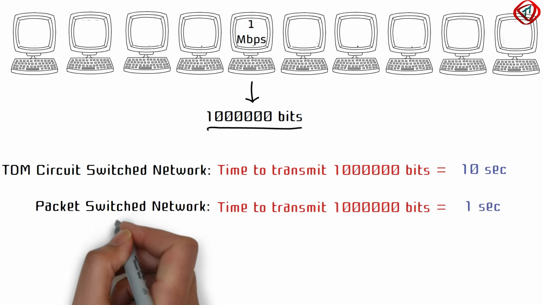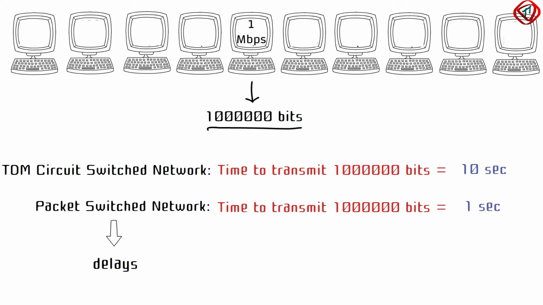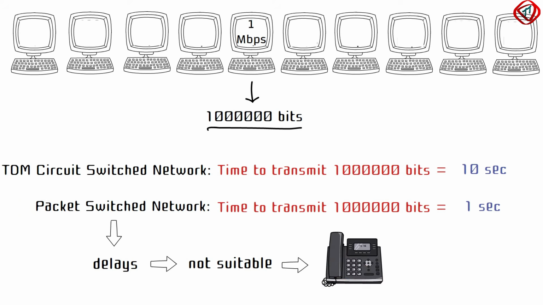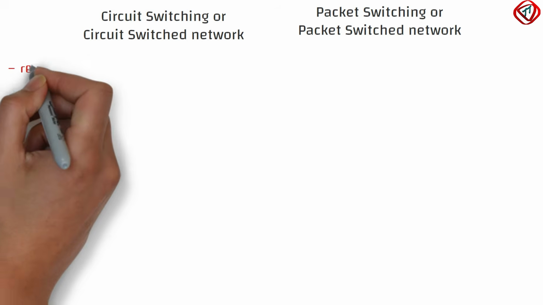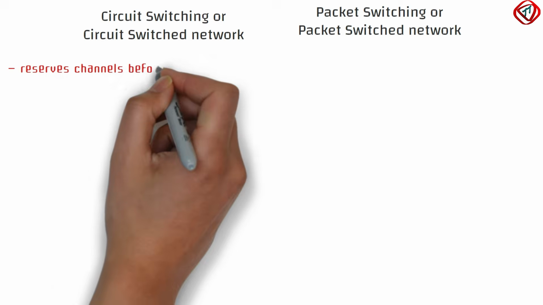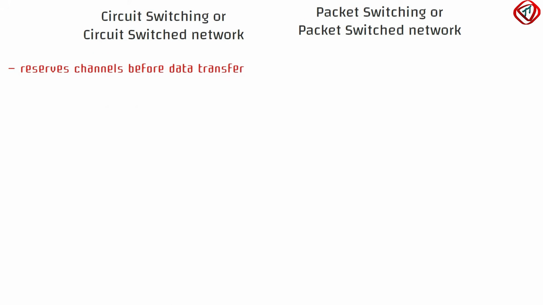However, because packet switching gives variable and unpredictable delays, it is often argued that packet switching is not suitable for real-time services, for example telephone and video conferencing calls. At last, the difference between the switching techniques can be summarized as: circuit switched network or circuit switching reserves channels before the data transfer.